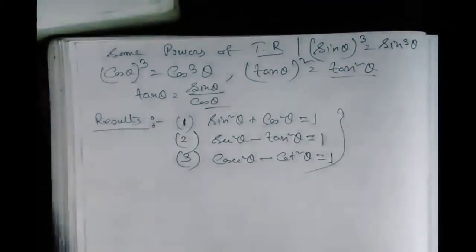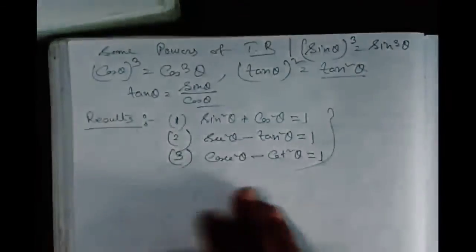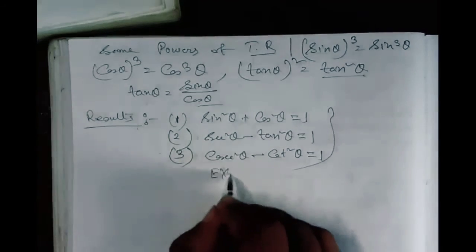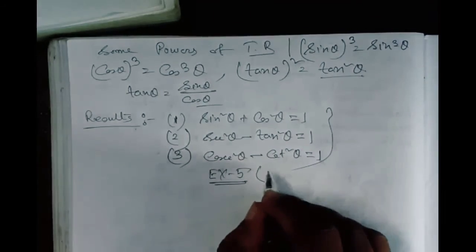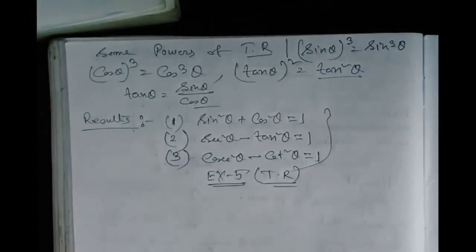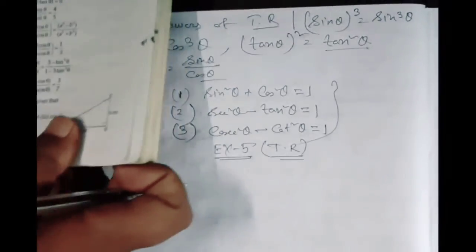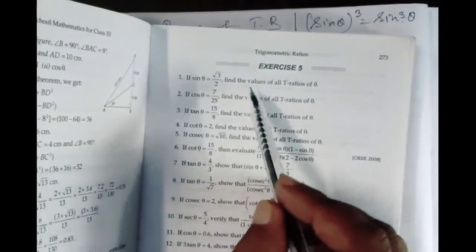The exercise name is exercise 5, EX5, of the chapter trigonometric ratio from R.S. Agarwal. Now here various questions are given. These are the questions.